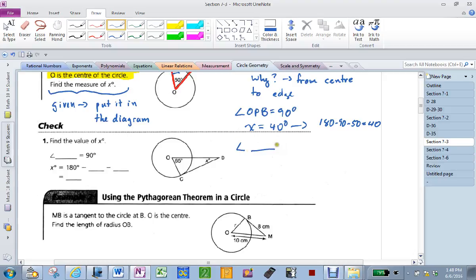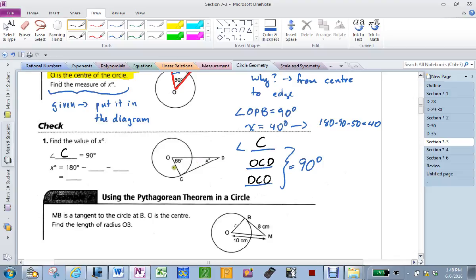Angle blank, blank, and blank all equal 90 degrees. And I'm going to write all 3 names there when somebody gives one of them to me. C. That's one name. What's another name for it? OCD. And the third name for it? DCO. Excellent.